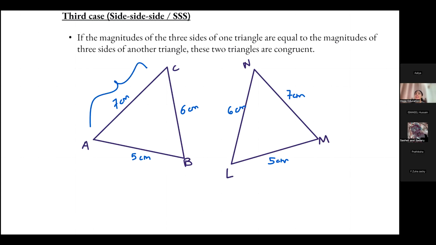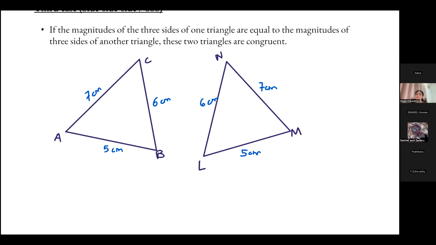In triangle LMN, LM is 5 centimeters, MN is 7 centimeters, and LN is 6 centimeters. Can you see that all three sides of triangle ABC are equal to all three sides of triangle LMN? Because 5, 5, 6, 6, 7, 7.